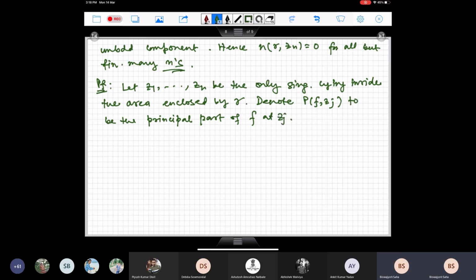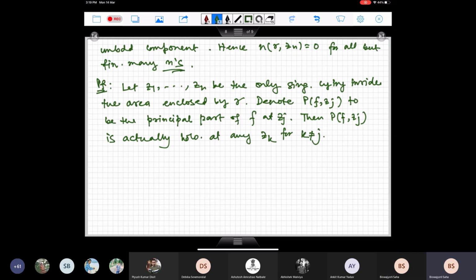Then here one thing you need to observe is that P(f, zj) is actually holomorphic at any zk for which k is not equal to j.